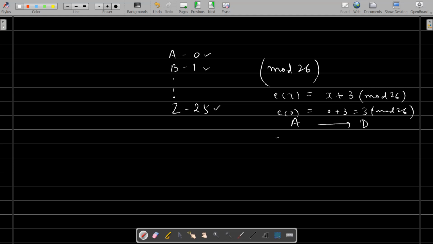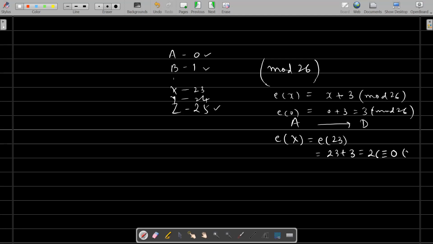Then as far as X is concerned, X is 23, Y is 24, Z is 25. Suppose I want to know what X becomes, so E of X, that is E of 23, and what I'll do is 23 plus 3, that is 26, and I look at 26 modulo 26. When I divide 26 by 26, what is the remainder?